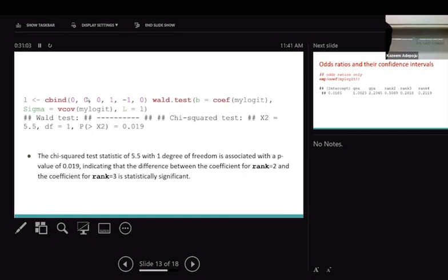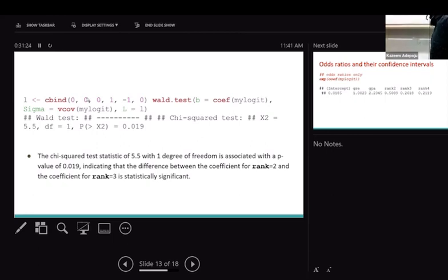It means I'm actually comparing: is there any significant difference between rank 2 and rank 3? I can do the same for rank 1 and rank 2 if I wish to, or rank 1 and rank 4. So at the end of the day, the p-value here is 0.019.